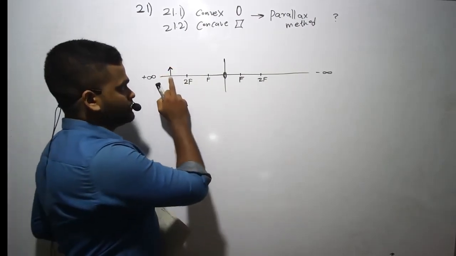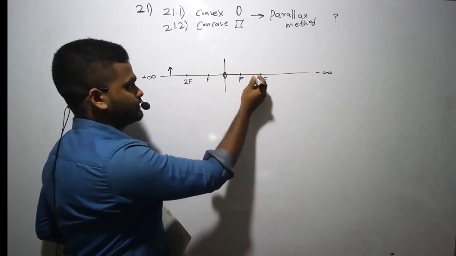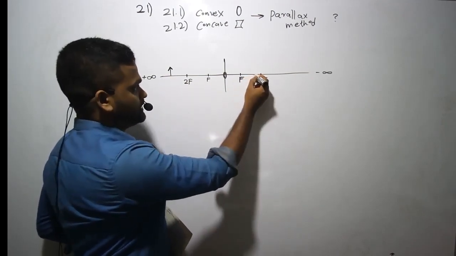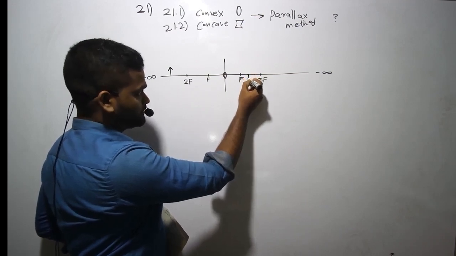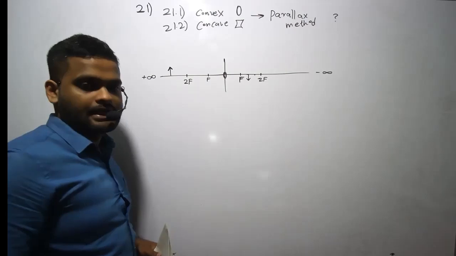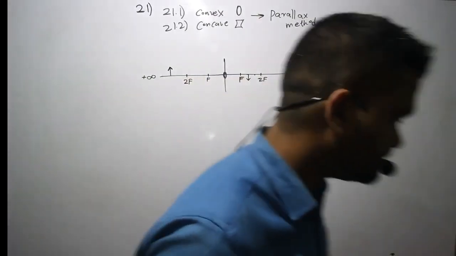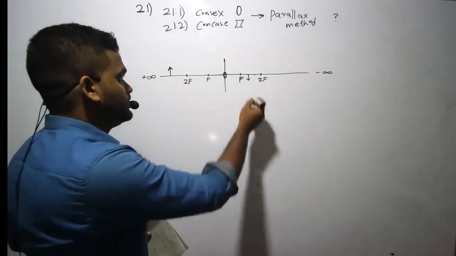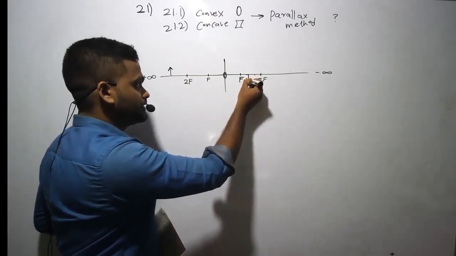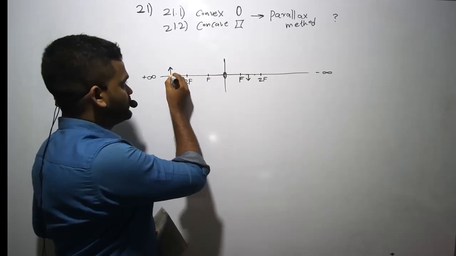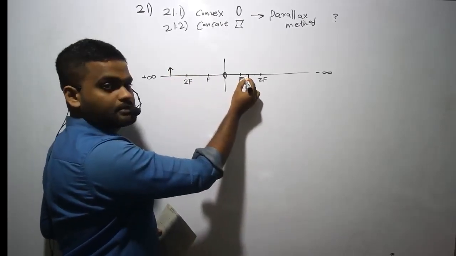The image should be formed between F and 2F, and it is a small, inverted image, like this. You need to remember these from the theory, right? So when you place the object beyond 2F, the image is formed between F and 2F.